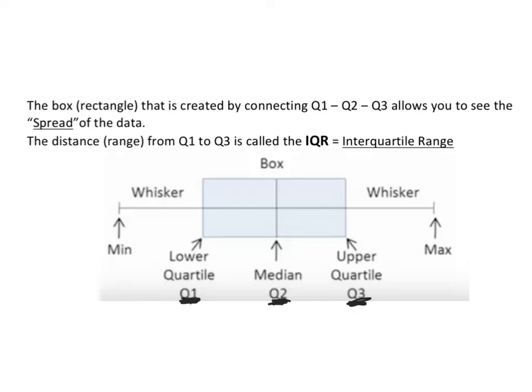So the distance or range from Q1 to Q3 is called the IQR, or the interquartile range. When we are trying to find the IQR, we take the top of the box, whatever number that's on this number line, and subtract the bottom of the box. So that is Q3 minus Q1.